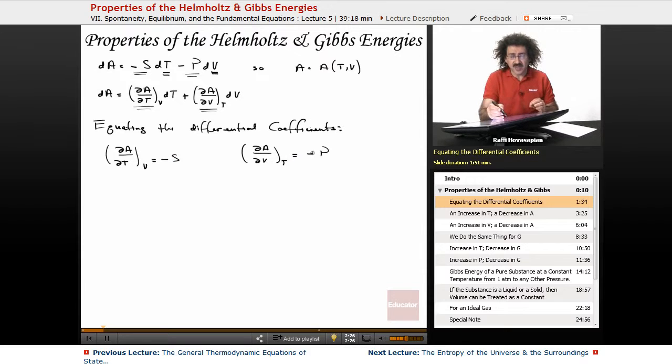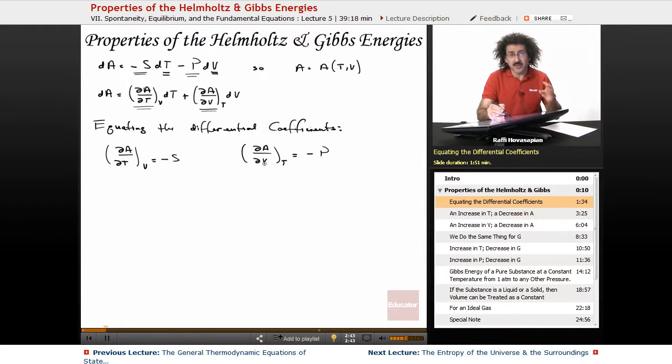This is a rate of change. The rate at which the Helmholtz energy changes as you change the temperature is going to be the negative of the entropy at that moment. That's all this is saying.